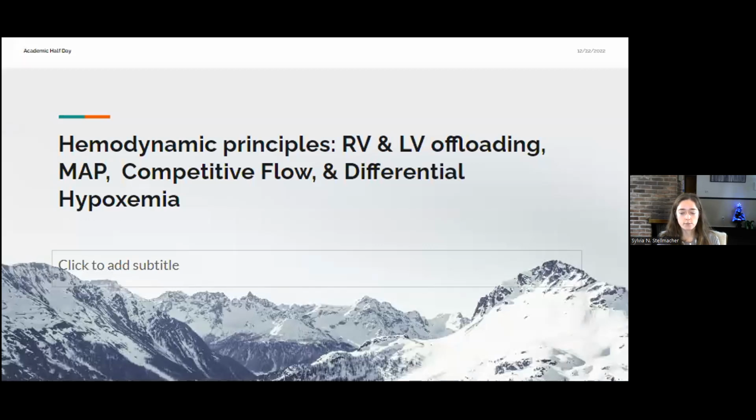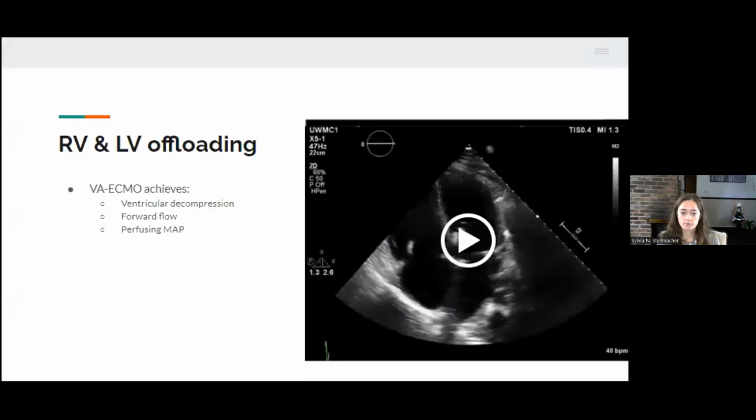Next, let's talk about some hemodynamic principles of the circuit. These include right ventricular and left ventricular offloading. We'll talk a little bit about MAP and considerations in terms of ECMO management, competitive flow, and differential hypoxemia. So first, let's talk about RV and LV offloading.